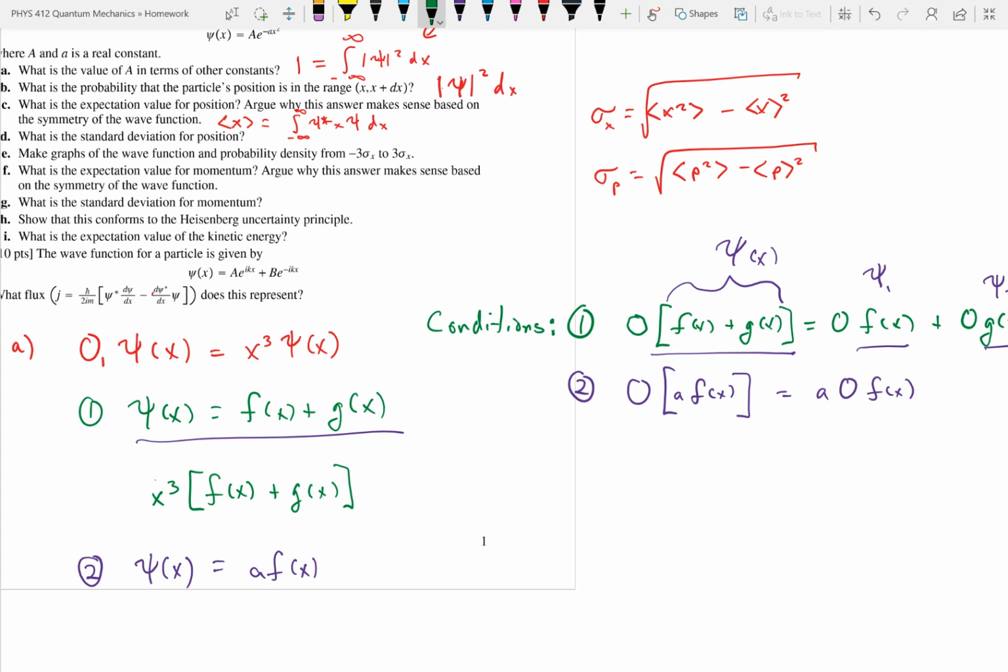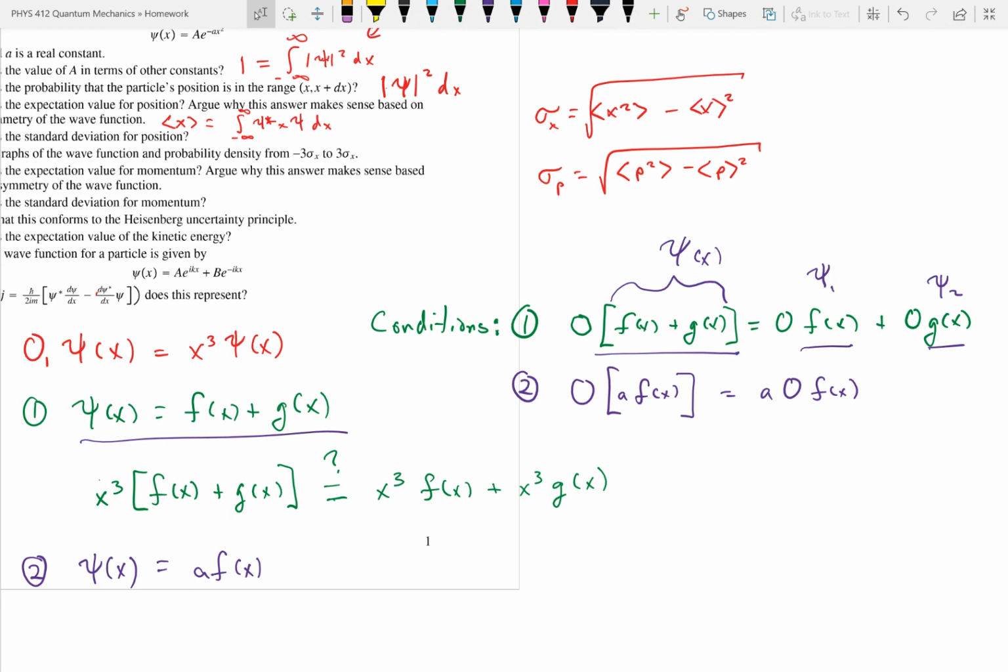So that would equal x cubed times psi 1 plus x cubed psi 2, or x cubed f of x plus x cubed g of x. Right, because psi 1 was f of x, psi 2 was g of x. Okay, that makes more sense because that passes. Okay, so that passes.